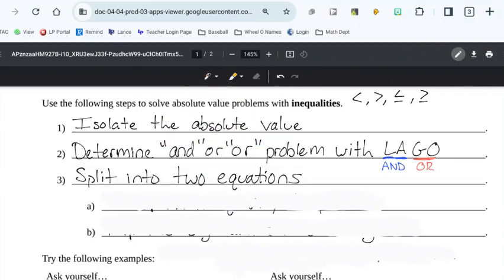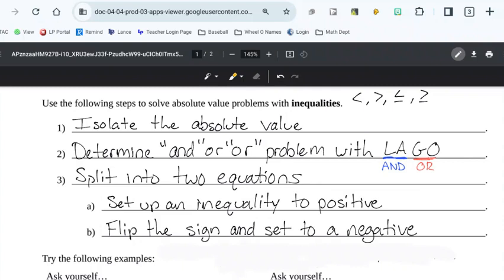And then step 3, we're going to split into two equations, just like we would when solving regular absolute value equations. And this will look familiar as well. We're going to set up an inequality to a positive solution. And then B, we're going to set up to a negative, which is not new, but we do need to pay attention to this.